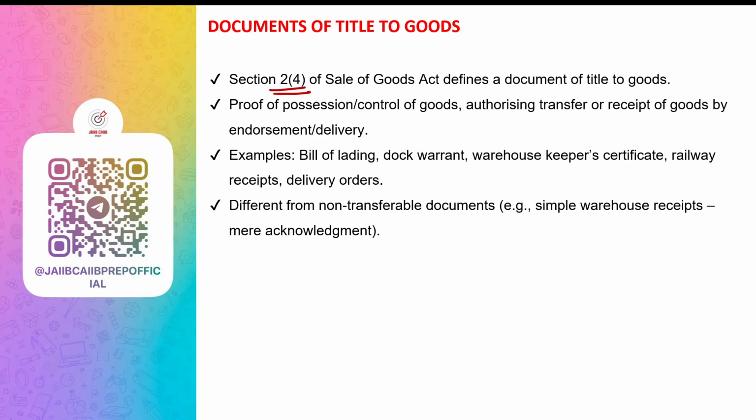So basically, if you have the receipt, you will get the goods. So these are documents that represent ownership or the possession of goods. So whoever holds these documents can transfer or claim the goods. For example, bill of lading, dock warrant, warehouse keeper receipt, railway receipt, delivery order. So if you have these receipts, you can claim the goods.